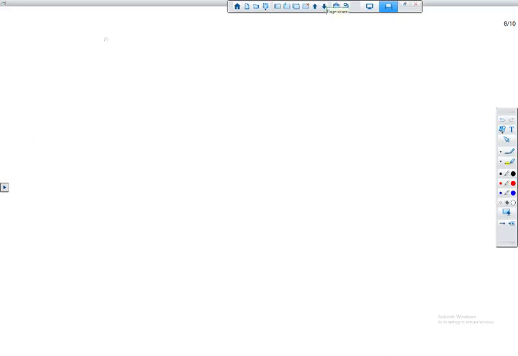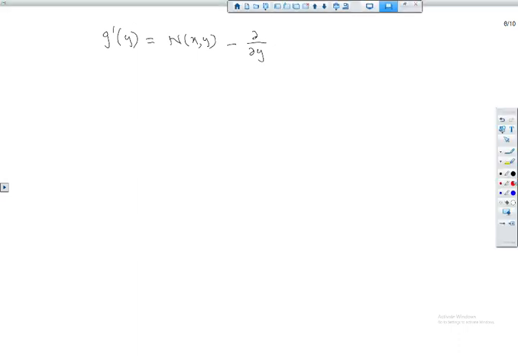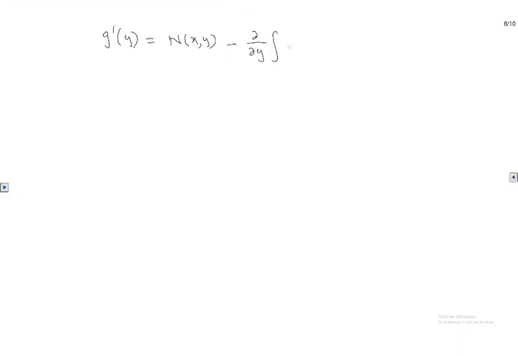So this says that g prime of y equals N(x,y) minus ∂/∂y of the integral of M(x,y) dx.